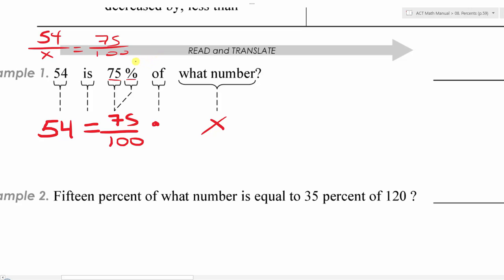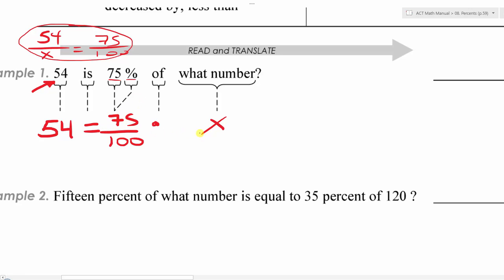Again, if you are really solid with percents and you are really sure of yourself on percent questions, I don't really have a problem with you doing percent questions in whatever way you're comfortable with. However, as I've said before, there are going to be some questions on the ACT that are more amenable to this pure and simple left to right translation technique. So my suggestion to you would be to learn it and learn it well.